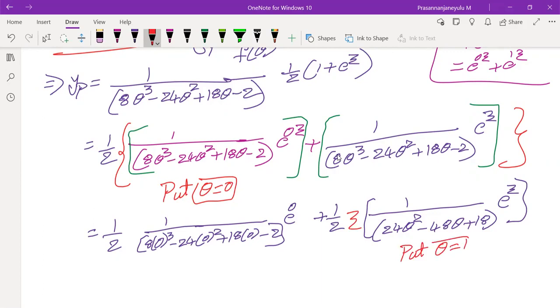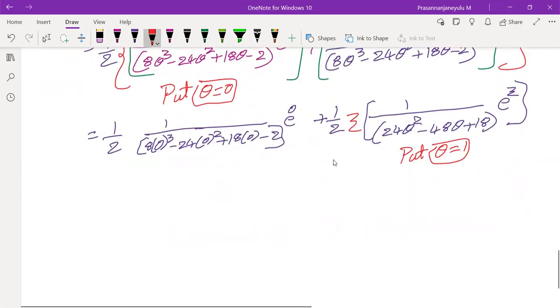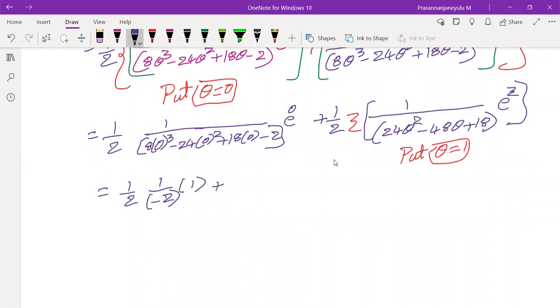If we substitute theta is equals to 1, we are going to get, okay, so the next term will be 1 by 2 into 1 by minus 2 into e power 1 is e power 0 is 1 plus z by 2 into, so substituting theta is equals to 1 in denominator.